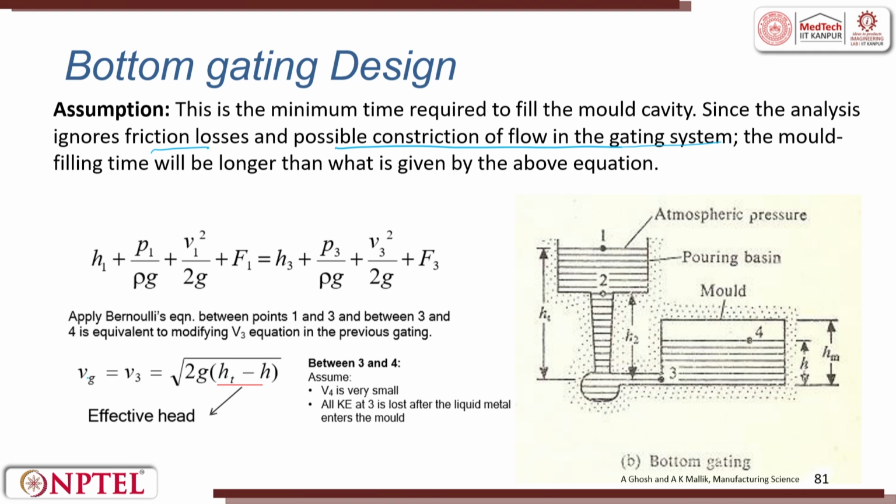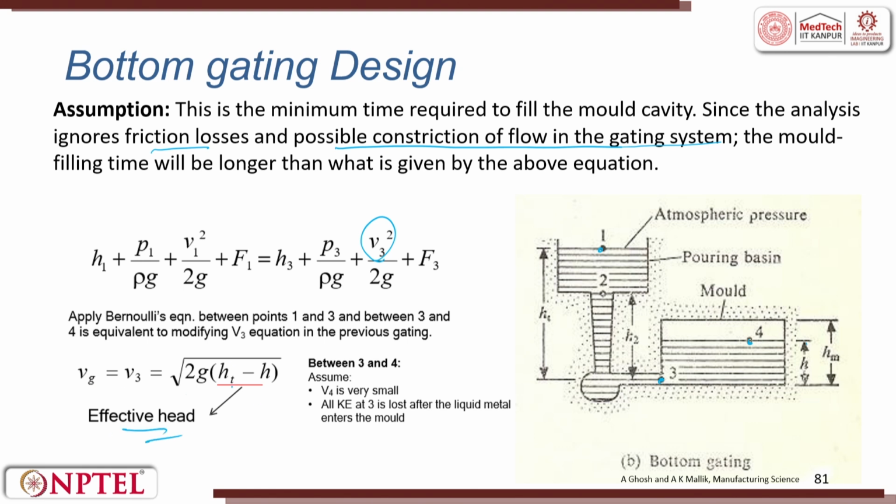So, it can be written as Vg equal to V3, which is root of 2g into Ht minus H. So, this is H and this is Ht, Ht minus H, right. Applying Bernoulli's equation between the points 1 and 3 and between 3 and 4 to modify the V3 in the equation of the previous gating, we get this.